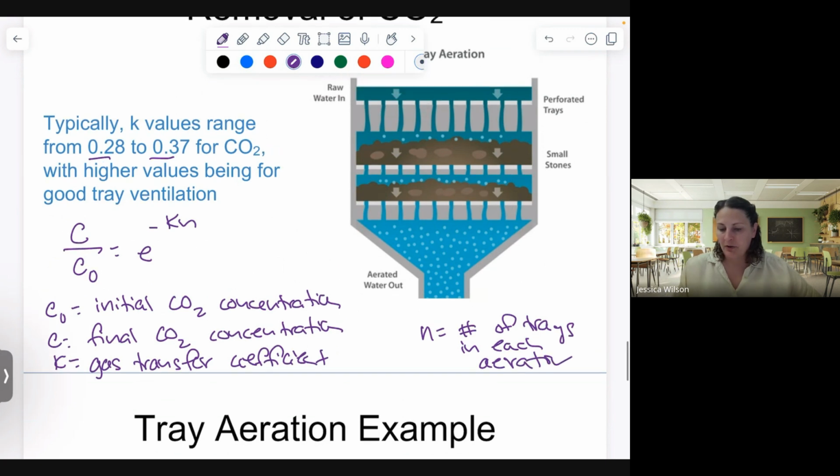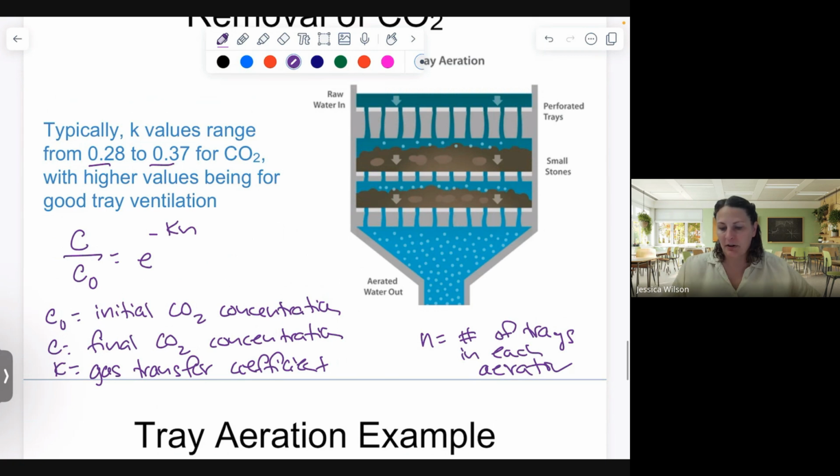So if we look at this diagram here, and we have our water flowing through, this would be our initial carbon dioxide concentration. This would be our effluent carbon dioxide concentration. And then these are the perforated trays. So we have 1, 2, 3, 4, 5, 6, 7, 8, 9, 10, 11 trays.